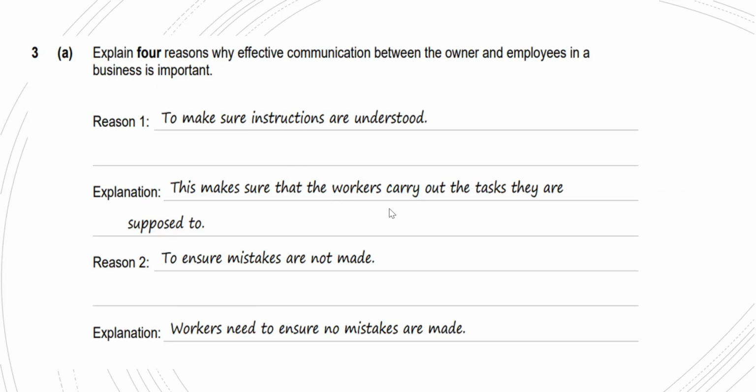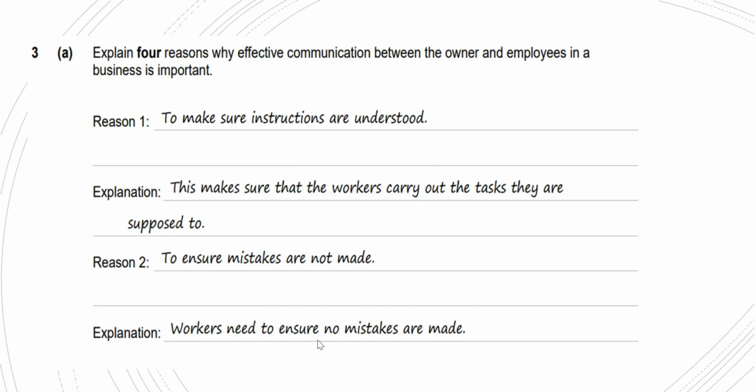Now, this makes sure that the workers carry out the tasks they are supposed to. Okay, so when they understand, they can carry out the task. All right, understood? To ensure mistakes are not made. Workers need to ensure no mistakes are made. Now, we have a problem here. It's just a repetition of what this is in different words. And this is a very common error. You might think you've explained it, but you're using the same word, mistakes.